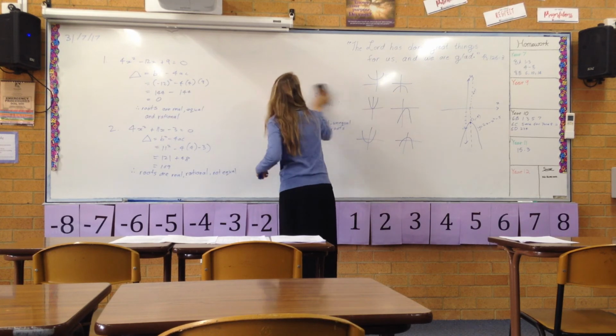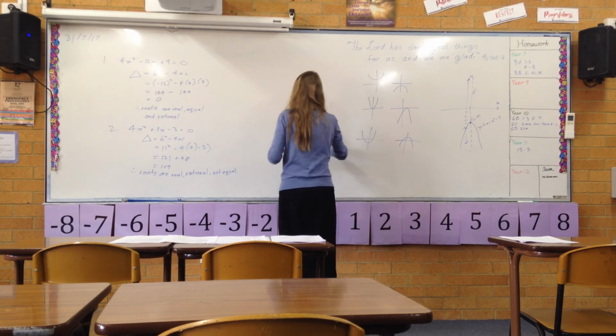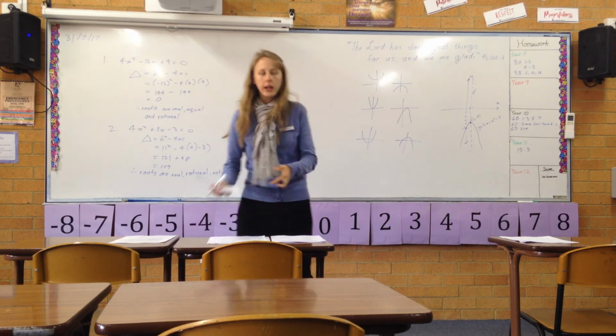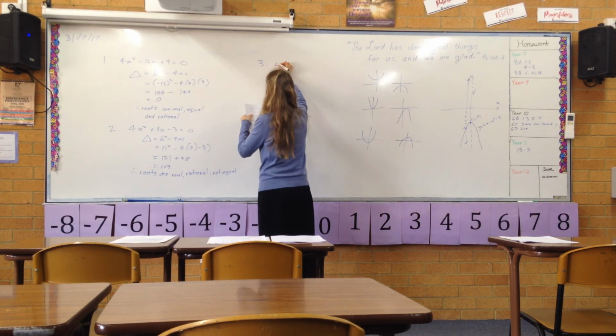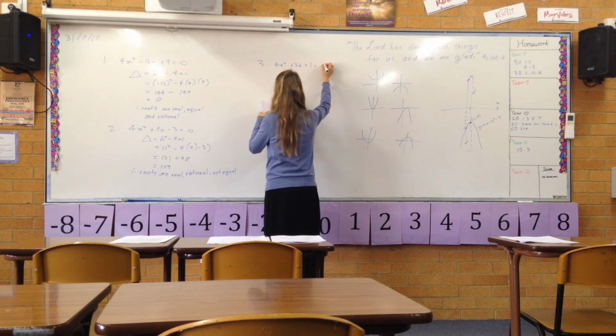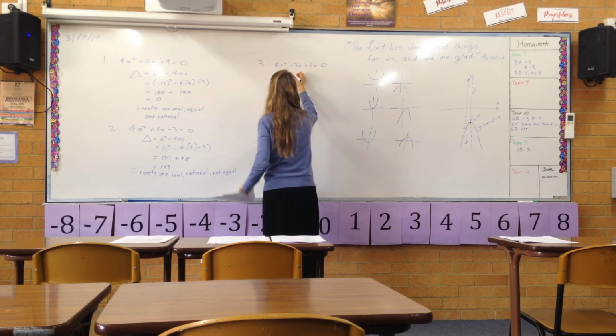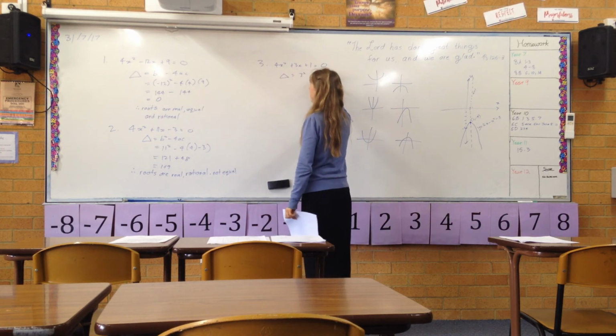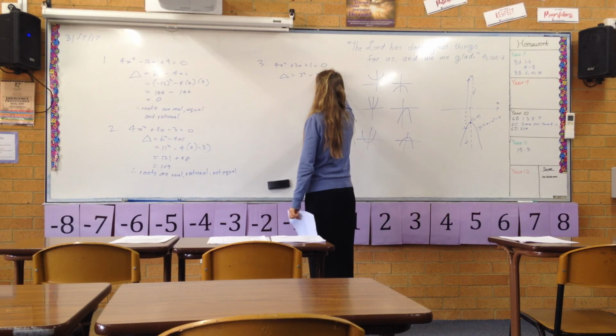Okay, last one. Question 3. 4x squared plus 3x plus 1 equals 0. So the discriminant, b squared, so 3 squared, minus 4, a is 4, c is 1.